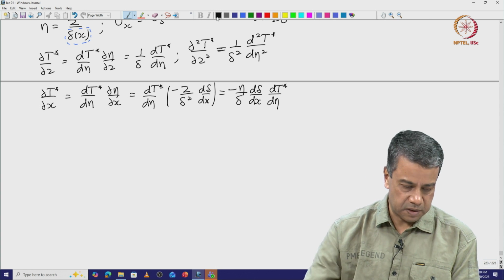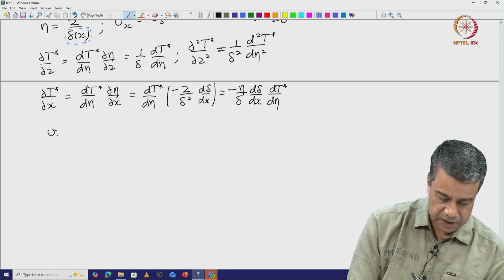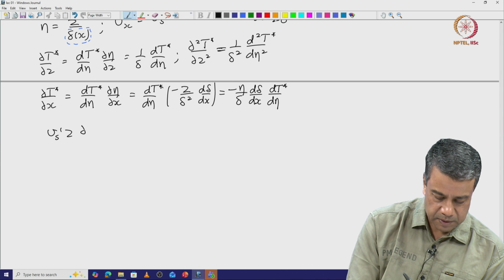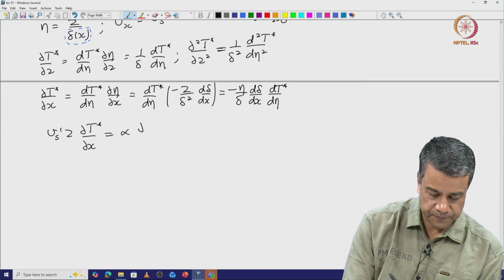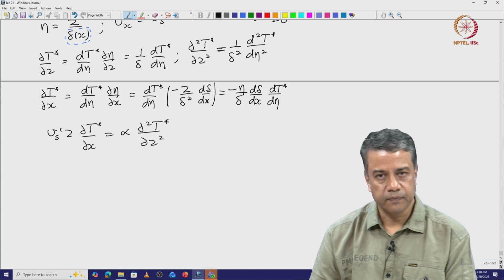Substitute that into the equation. Vs prime z partial t star by partial x is equal to alpha partial square t star by partial z square.